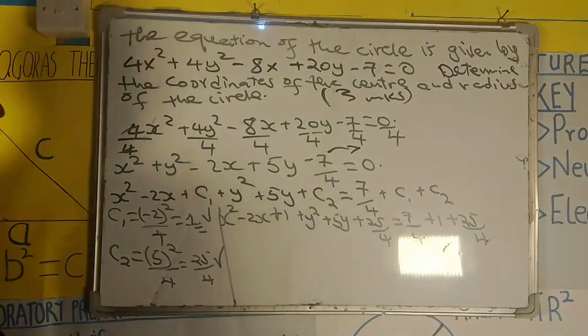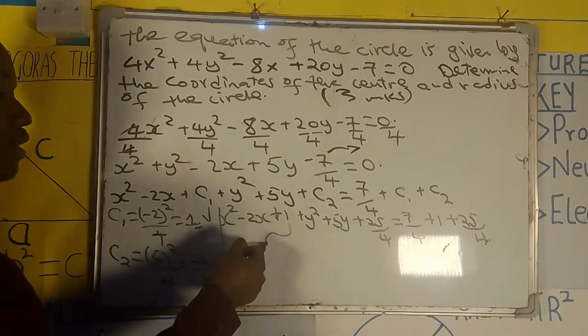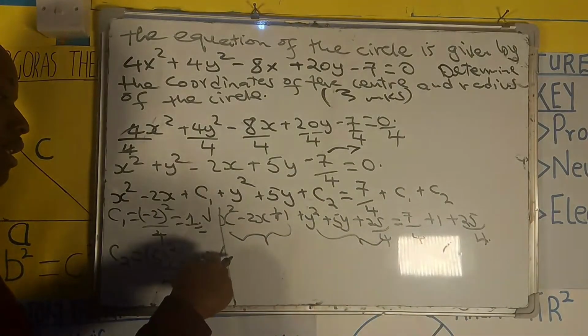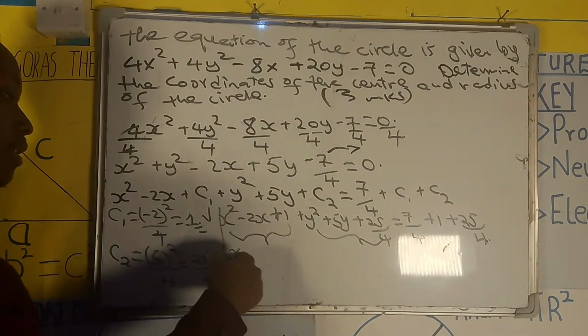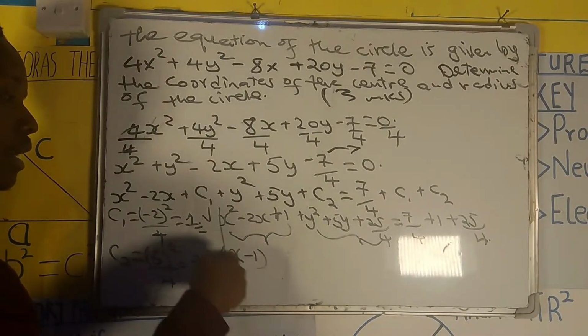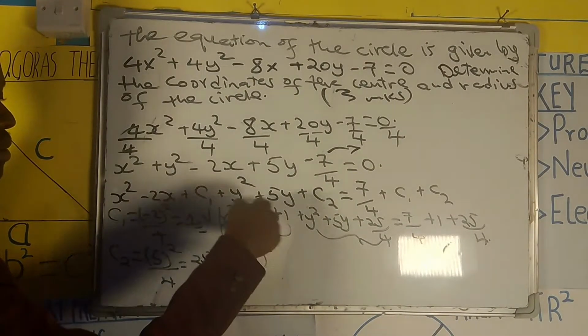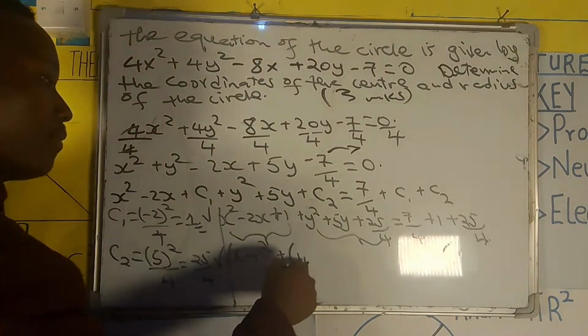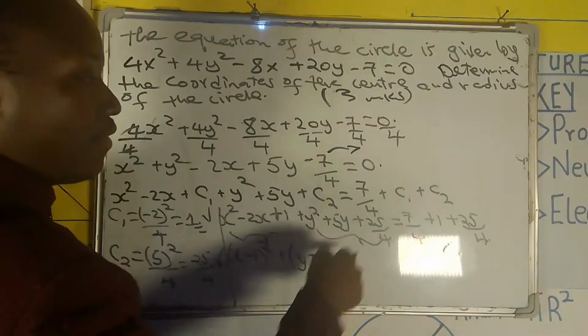So to factorize, it remains (x minus 1) squared, because the square root of 1 is 1, plus y plus 25 over 4.